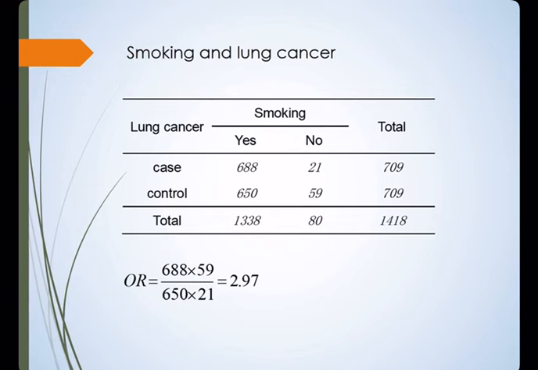Alternatively, we also could say that the odds of lung cancer are 3 times greater among the subjects with a history of smoking compared to those people without a smoking history. This interpretation is based on a comparison of the disease odds among the exposed and unexposed respectively. Since the derived formula for the odds ratio, AD divided by BC, is the same whether the exposure odds or disease odds are used, either interpretation is acceptable.